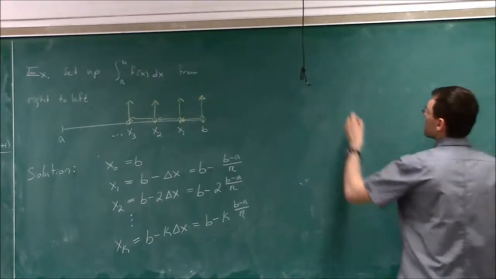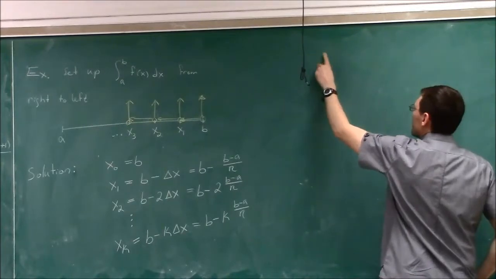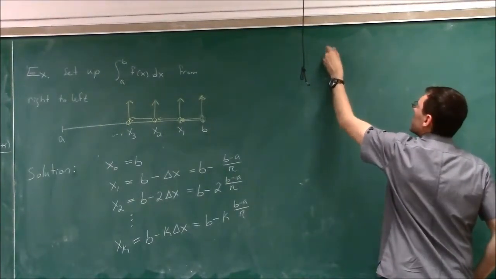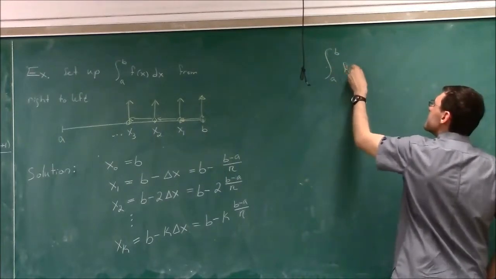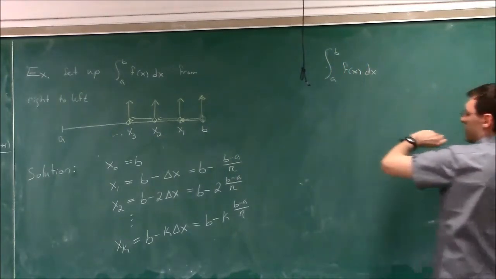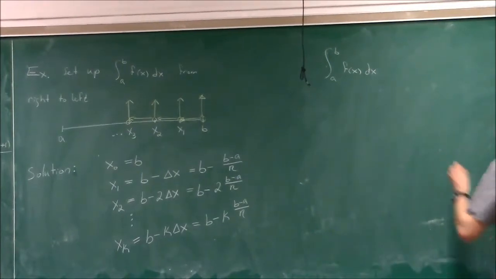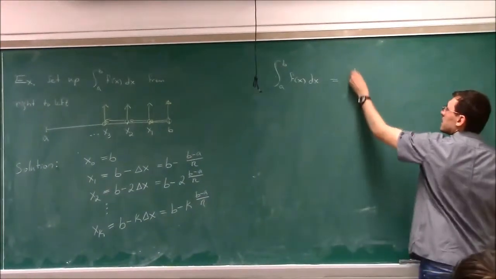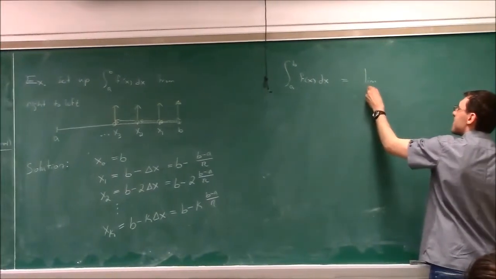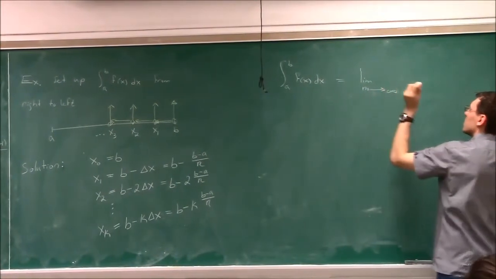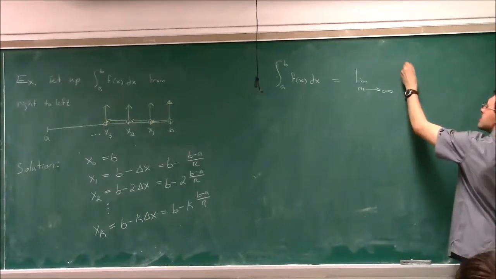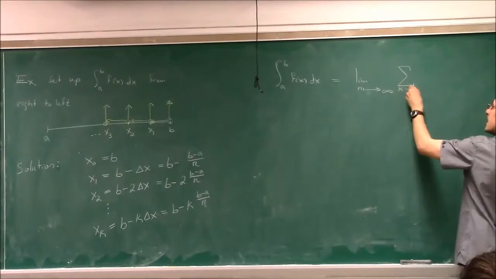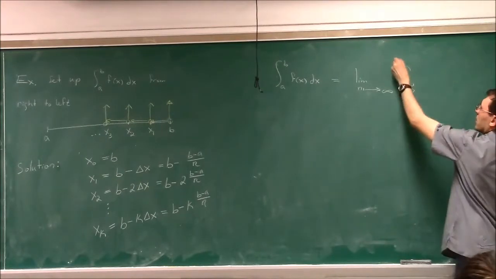So the Riemann sum, or the area, this integral from a to b of f of x dx can also be written as the limit where n goes to infinity of the sum, k equals 0, say, all the way to n minus 1.